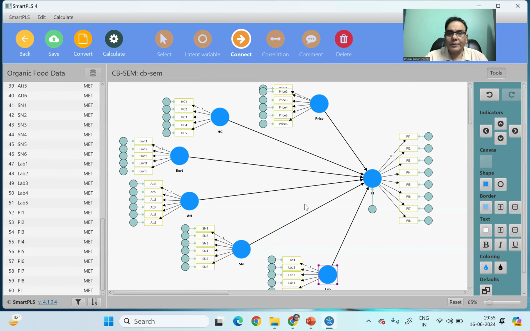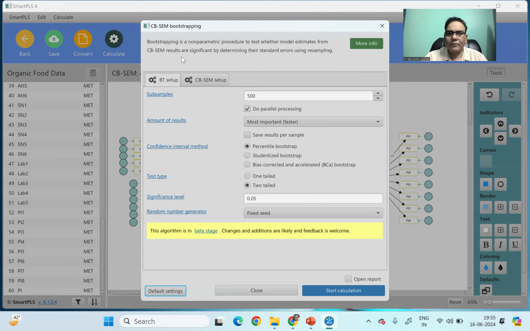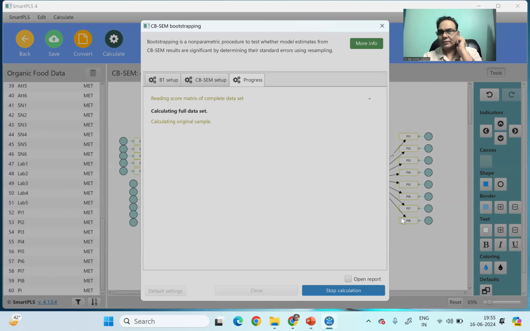So model is complete. After completing the model, go to calculate, run basic CB-SEM algorithm, or you can also run CB-SEM bootstrapping. Both modes are perfectly fine. Number of sample is 500. Complete and start calculation. So the software is running the model and will give you all the result.